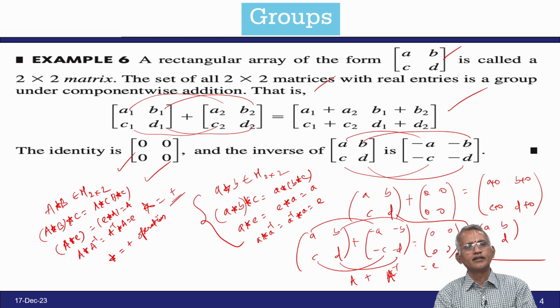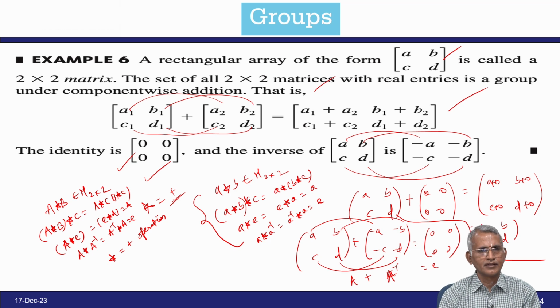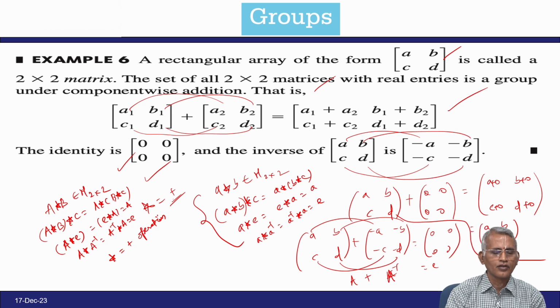Keep this in mind, so that example 6 is a group of 2 cross 2 matrices.